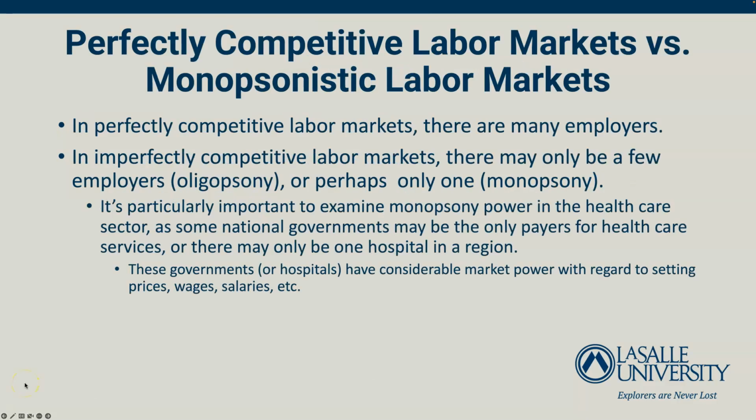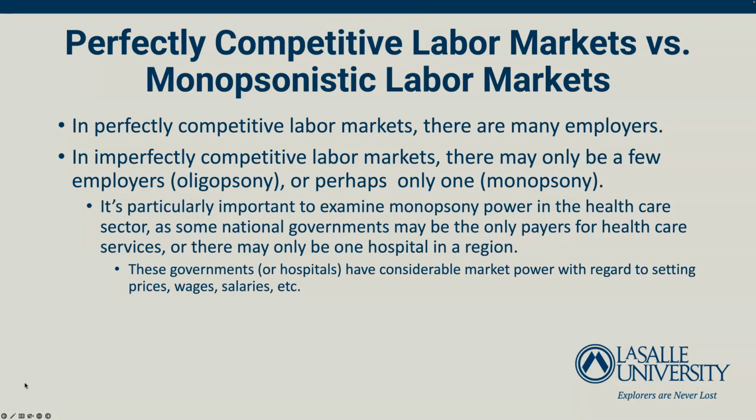Here we're going to be considering perfectly competitive labor markets versus monopsonistic labor markets. So in perfectly competitive labor markets, there are many employers. We'll take a look at this in greater detail in the upcoming module. In imperfectly competitive labor markets, there might only be a few employers under oligopsony, or perhaps only one under monopsony.